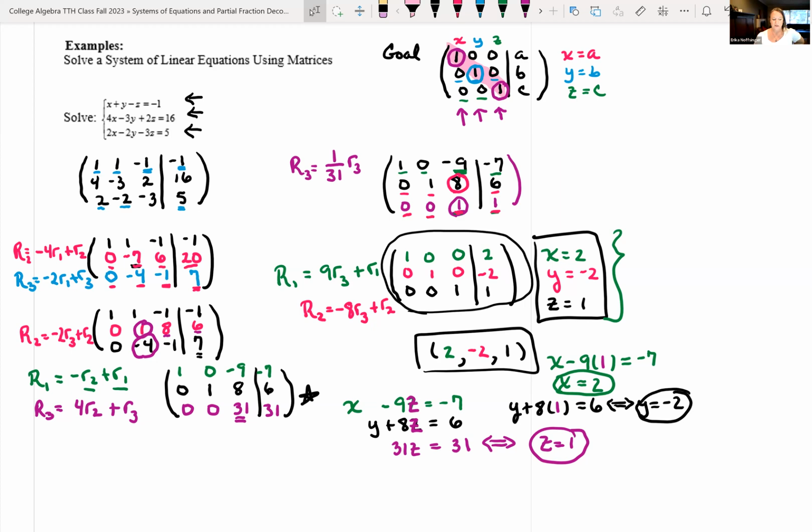So if you're working through these matrices to solve your system of equations, and you get a row of all zeros, then that's still true because you get 0x plus 0y plus 0z equals 0. But it is a dependent system, meaning that there's going to be an infinite number of solutions. So a row of all zeros, we're going to have a dependent system, which is still called a consistent system.